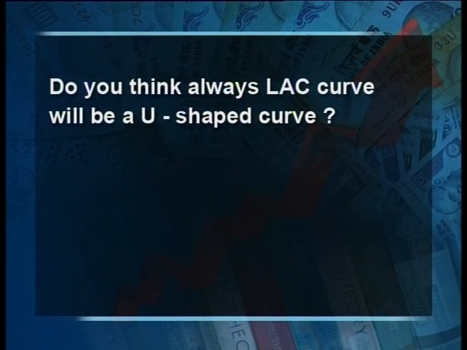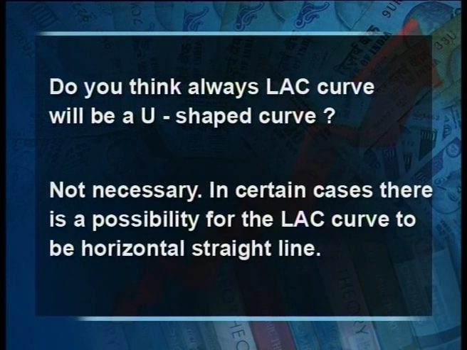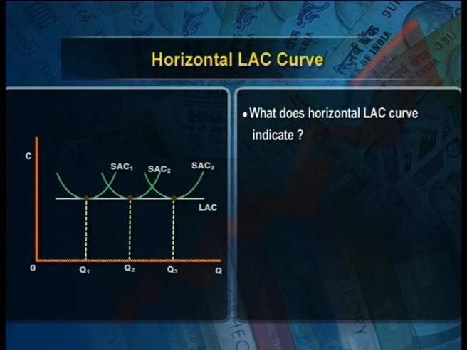Now, do you think the LAC curve will always be a U-shaped curve? Not necessarily. In certain cases, there is a possibility for the long run average cost curve to be a horizontal straight line. Now, what does this horizontal long run average cost curve indicate?